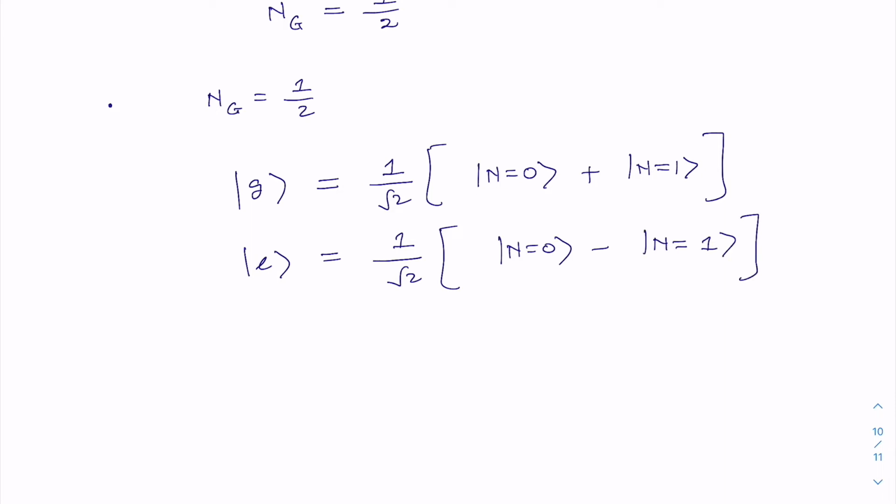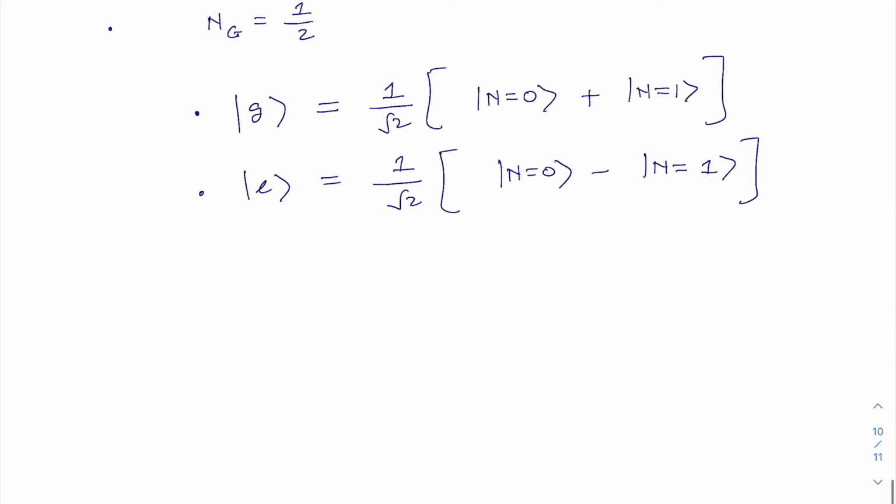So if we take this ground state and the excited state as our basis, we can now express this operator n minus nz in this form. So let me just quickly give you, we can write it as z, n minus nz.